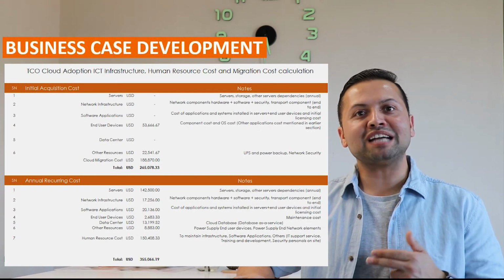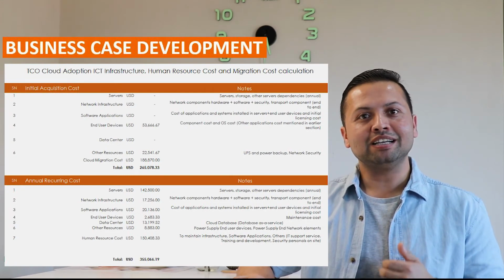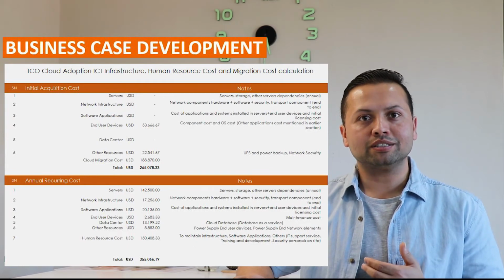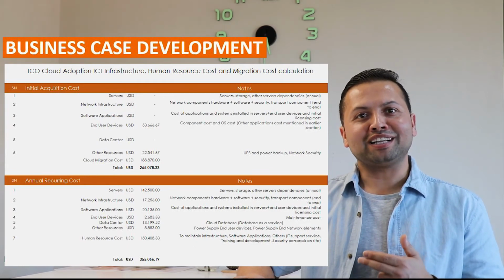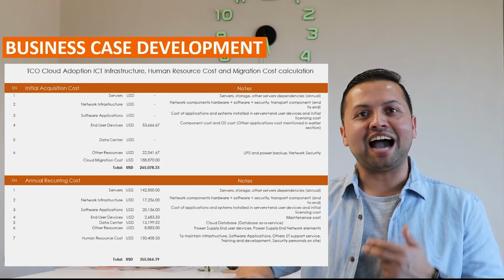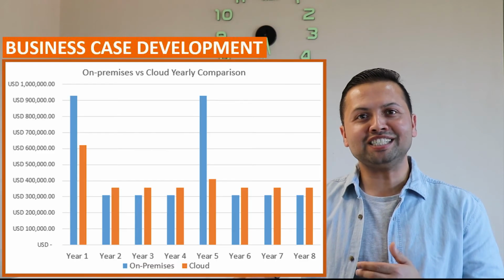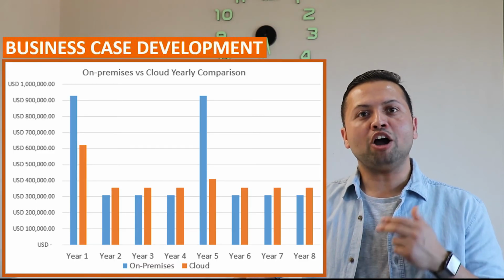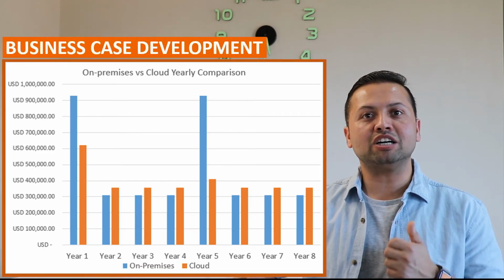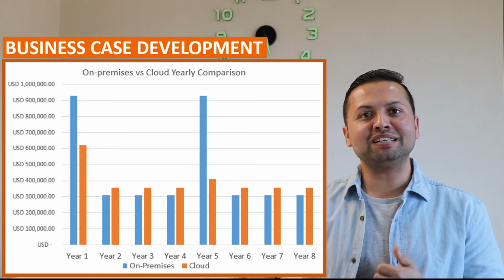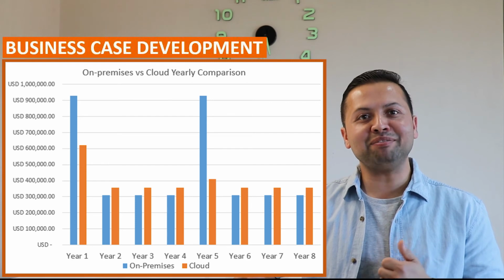The ownership costs are mainly in 2 categories: initial acquisition cost and the annual recurring cost. Naturally, with the cloud adoption, the annual recurring cost is higher than the initial acquisition cost. The cost is in USD and the on-premise hardware refresh cycle is considered for standard 48 months. All the hardware components have to be refreshed every 5 years.